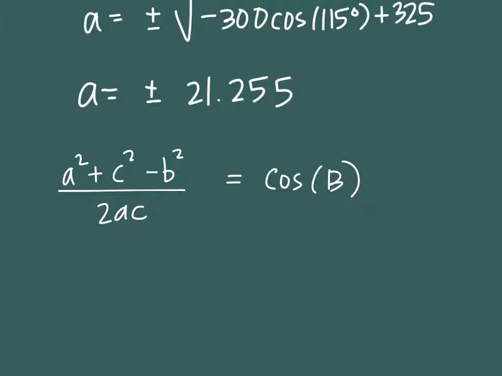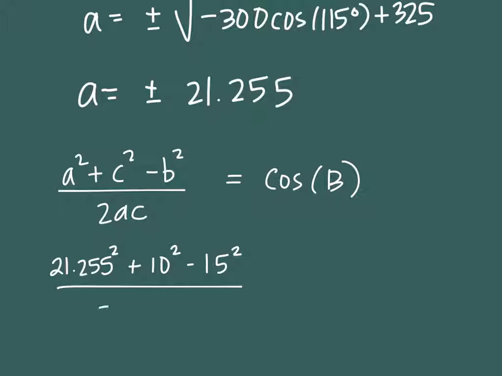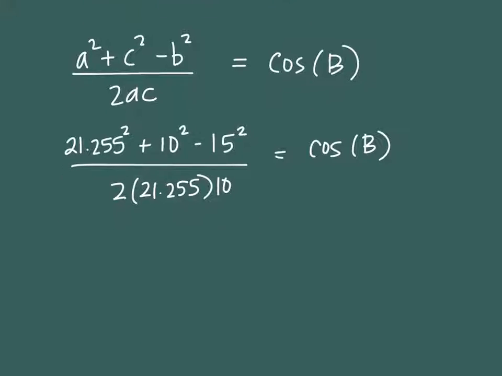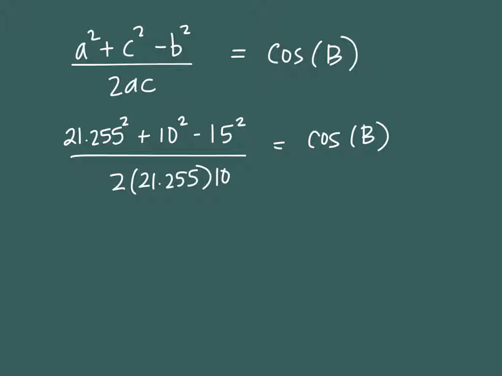So now I will have 21,255 squared plus 10 squared minus 15 squared over 2 times 21,255 times 10 equals cos B. And so you should be able to get a whole numerator and a whole denominator at this point, and then use your inverse on both sides. And try to be as accurate as possible. Use as many decimals as you can to improve the accuracy.